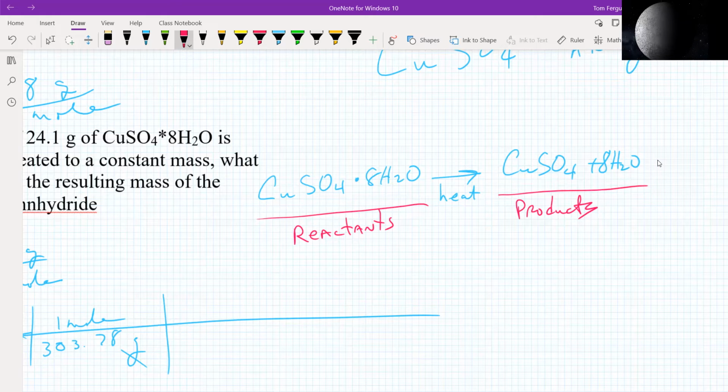Basically, the atoms in the reactants reform to make the product. This side is different from this. The difference in this situation is that all of the water is broken off. What this is saying.